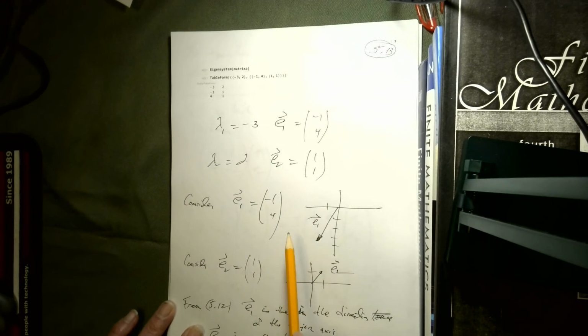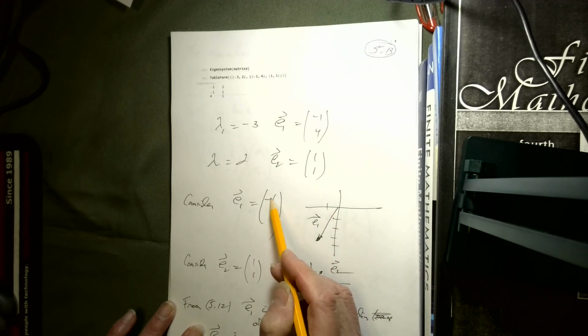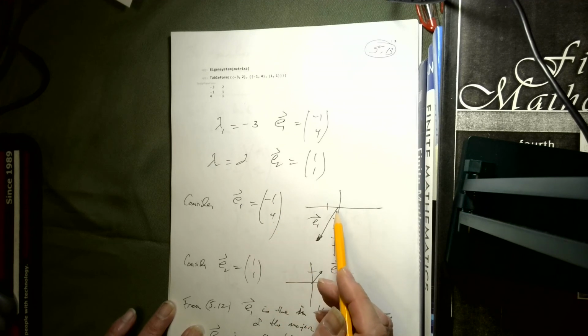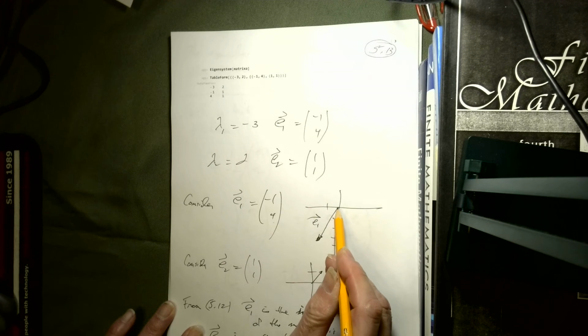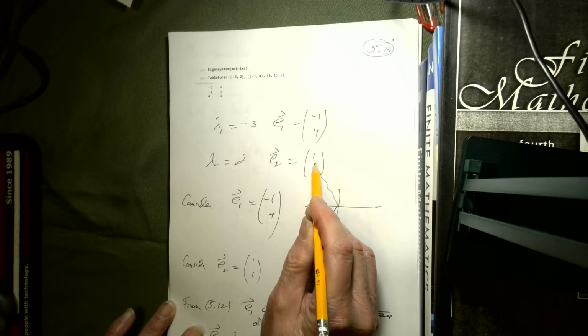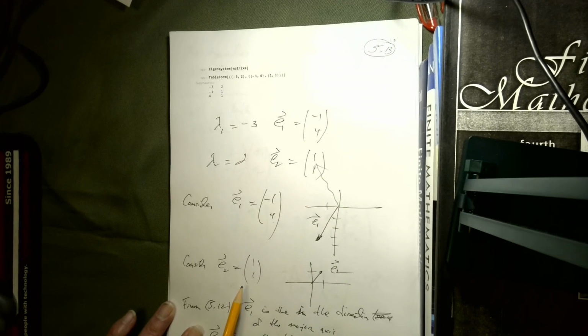Now think about this, -1, 4. Boy, did I screw that up. It could actually be the other way around. It doesn't matter. This could actually be 1 and -4. And what does 1, 1 look like? Well, it's a vector that looks like that.